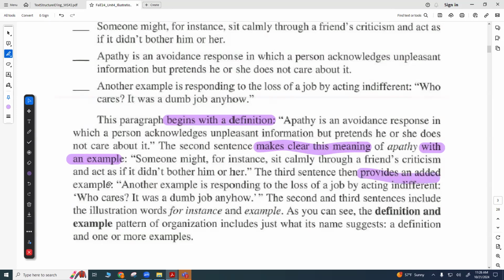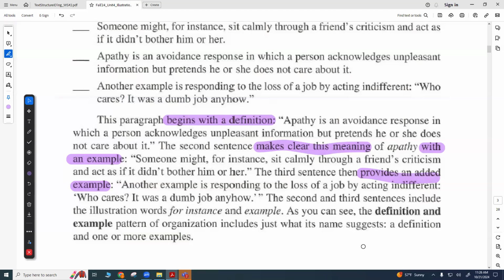Okay. And then the third sentence provides an added example. So hopefully it makes sense how this pattern works. If the purpose of the paragraph is to define an idea, which we'd probably say is like a descriptive text structure, of course, that's where it's going to start, and then use those examples to continue to clarify the meaning in case the definition alone doesn't quite make it clear enough, okay?